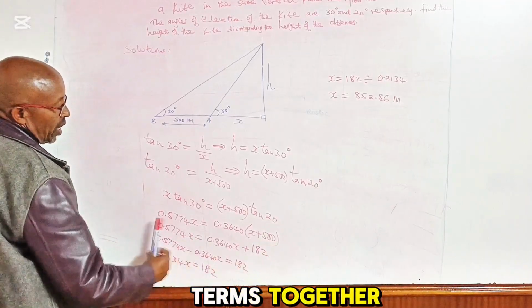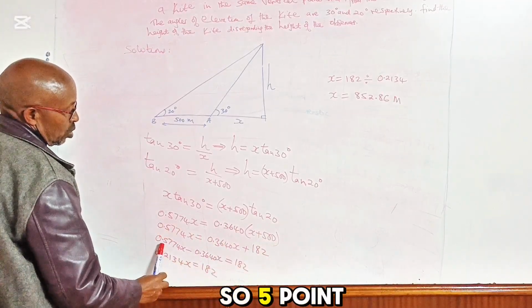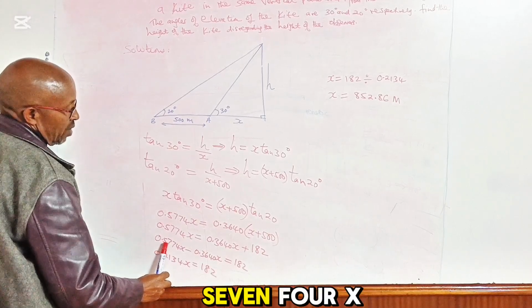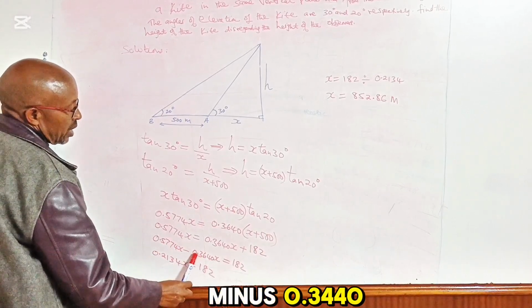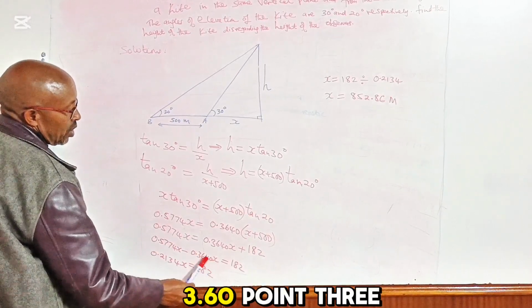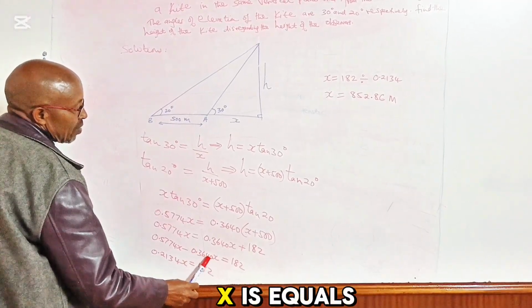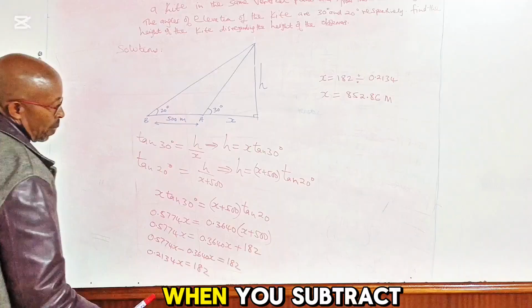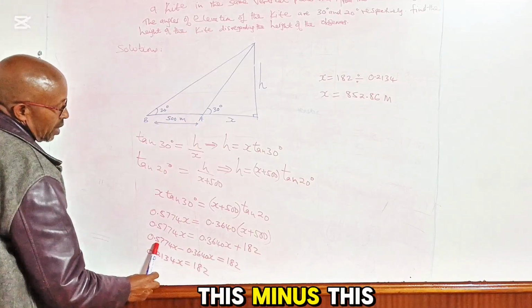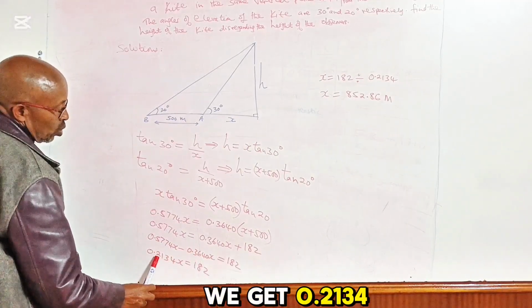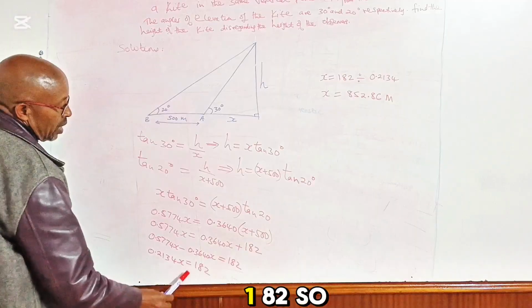Putting the x terms together, we take this to the other side: 0.5774x minus 0.3640x is equal to 182. When we subtract, we get 0.2134x is equal to 182.